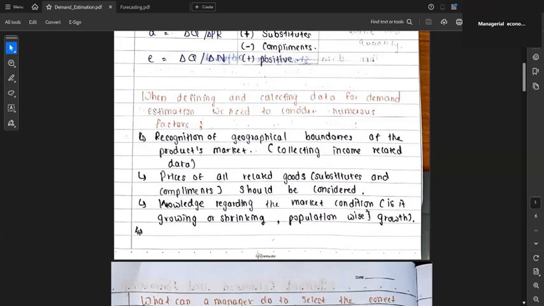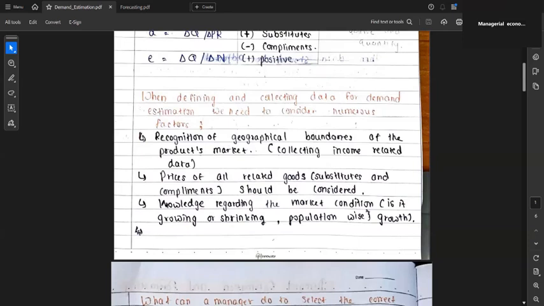When it comes to income, as you know, in different districts the per capita income may change, according to district, province, and whatever. So prices of all related goods, substitutes and complements, should be considered.